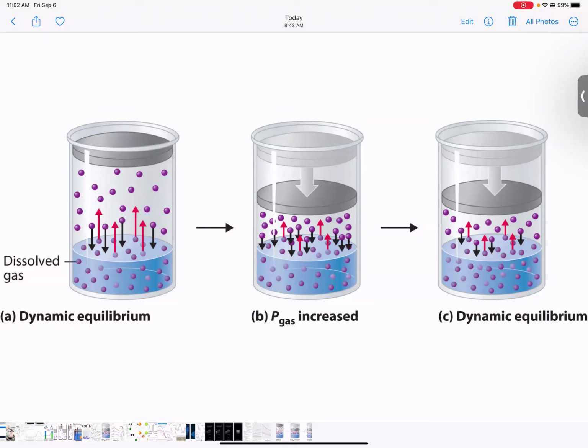So on Monday, we are going to start doing concentration conversions. Now, you've had experience with molarity.